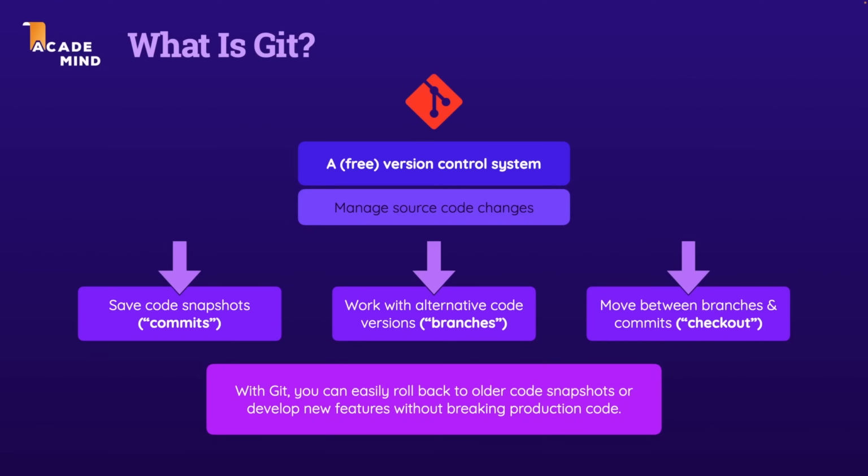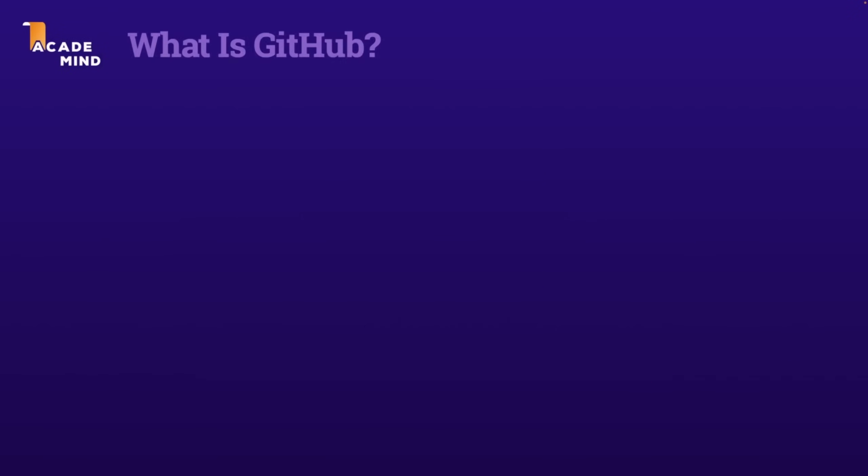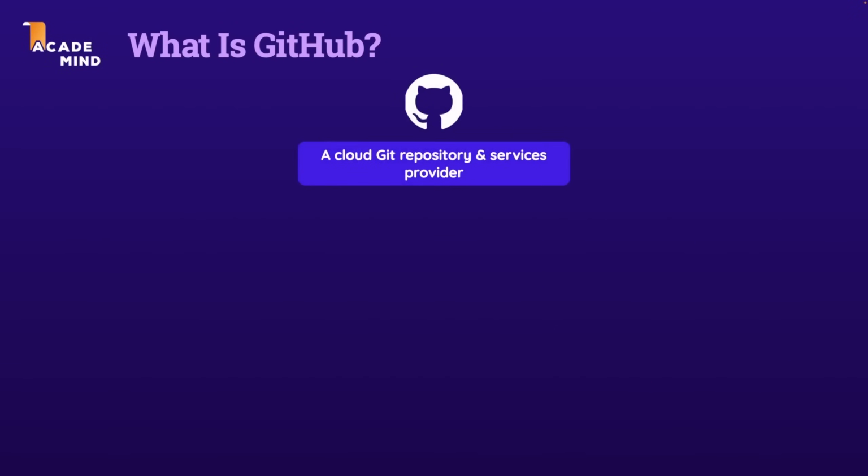So that's Git. What is GitHub then? GitHub is a company that offers cloud Git repositories and services related to that code which you're managing in the cloud. A repository is simply a bucket, a space that contains your code. When using Git, you have local code repositories.